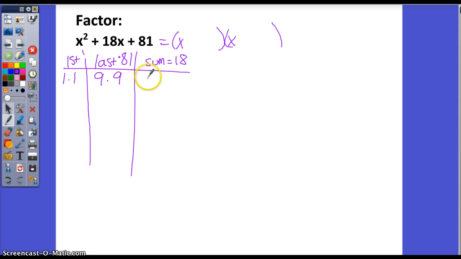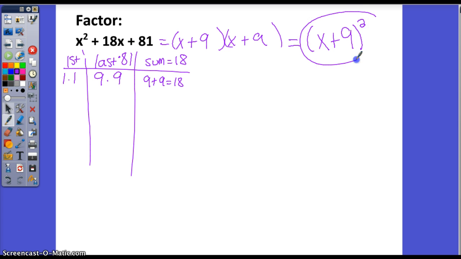Well, 9 plus 9 does equal 18. So we know it's x plus 9 and x plus 9. Technically, this is something special. If you have x plus 9 and x plus 9, isn't that the same thing as just x plus 9, quantity squared? If you can simplify further, like here, please, please, please do that.